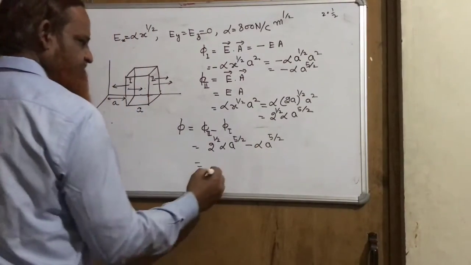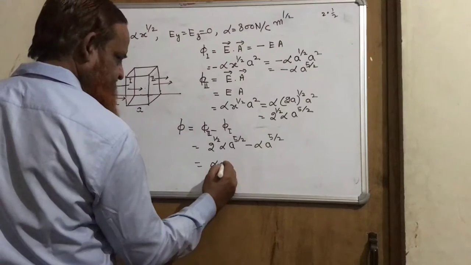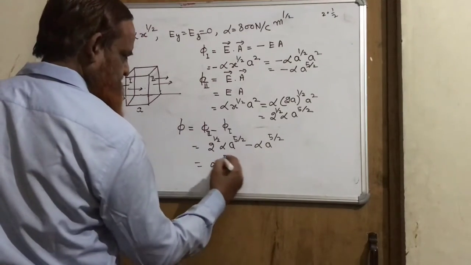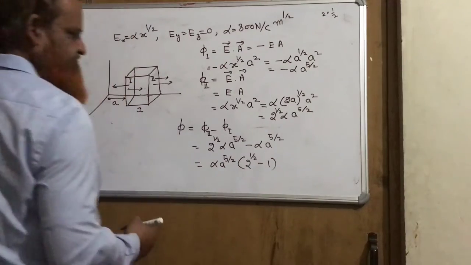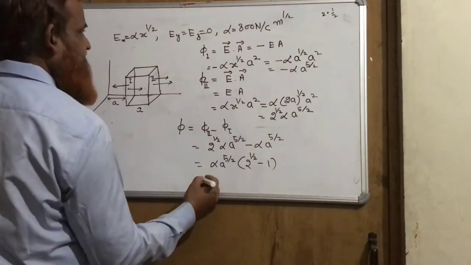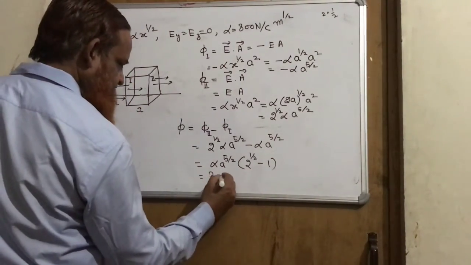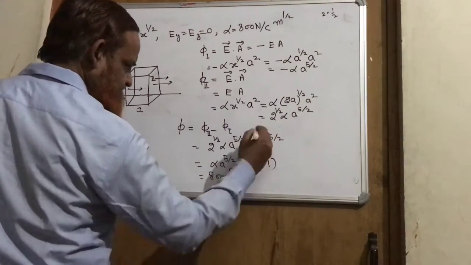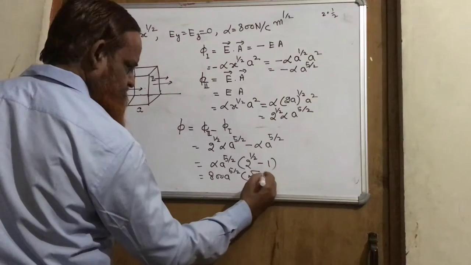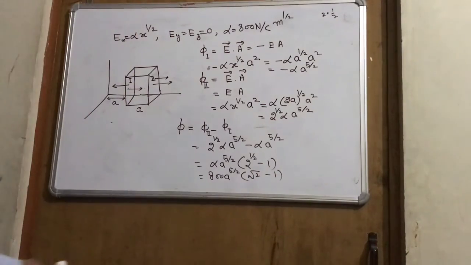Taking alpha a to the power 5 by 2 common, in the bracket you get 2 to the power half minus 1. The value of alpha is 800, so you get 800 a to the power 5 by 2 times, in place of 2 to the power half, root 2 minus 1. This is the flux associated with the surface.